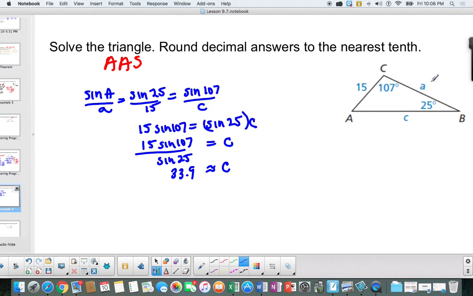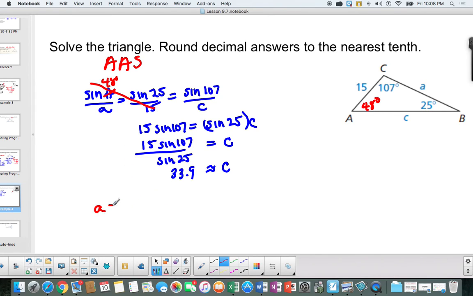All right, now to find A, I'm going to actually find angle A. So I'm going to take 180, take away 25, take away 107, and I have 48 degrees, which over here is 48 degrees. And I can go ahead and cross multiply and then divide by that.